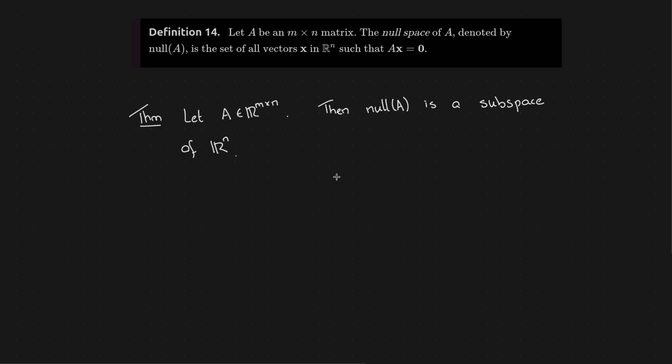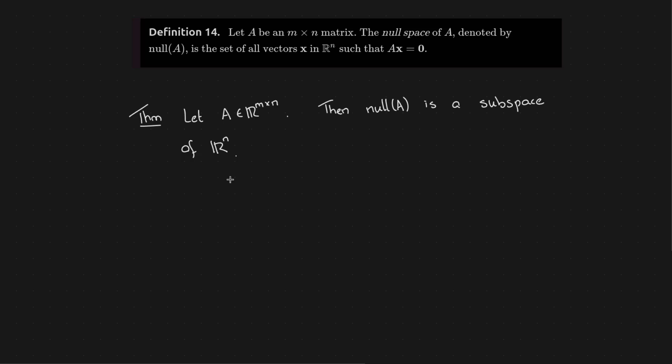So remember, a subspace is a vector space that is a subset of Rn. Now we already know the null space is a subset of Rn. We're taking all vectors x in Rn that satisfy some condition. So everything in the null space of A is in Rn. To test if a set is a vector subspace, we need to check that it's closed under addition and closed under scalar multiplication.